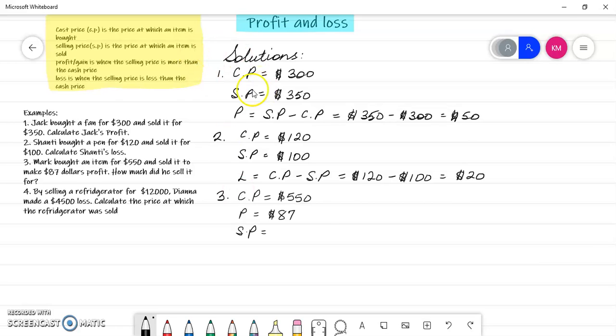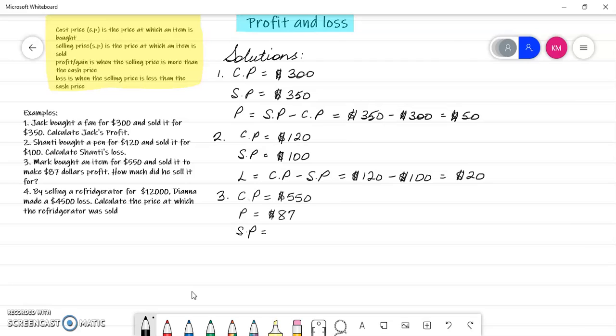Now, if I look at number 1 here, I will notice that in order to find my profit, I had to subtract selling price and cost price. So if I need to find my selling price, I'm going to have to add my cost price and my profit to find my selling price. So I'm going to write that here.